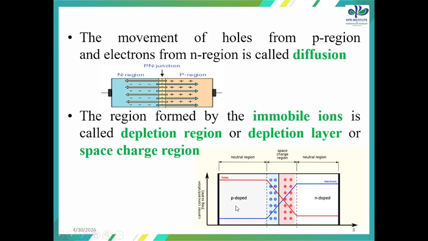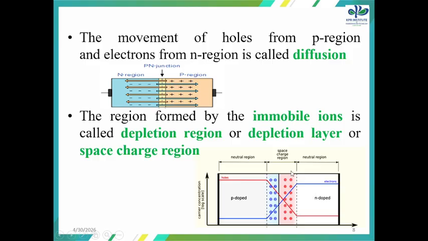Come to this diagram. Here we have a P doped semiconducting material and here an N doped semiconducting material. In P doped material, the majority carriers are holes and the minority carriers are electrons, whereas in the N doped region, the majority carriers are electrons and minority carriers are holes.